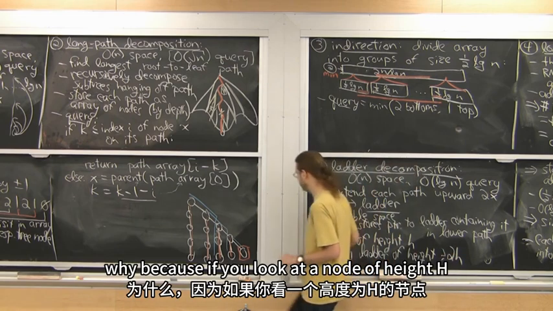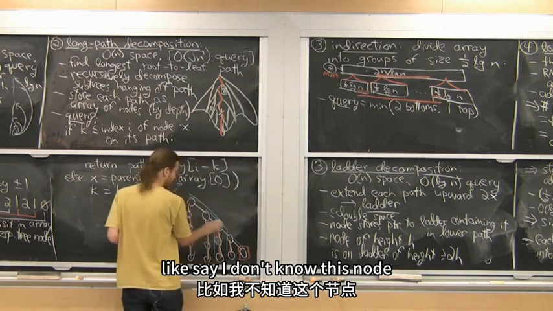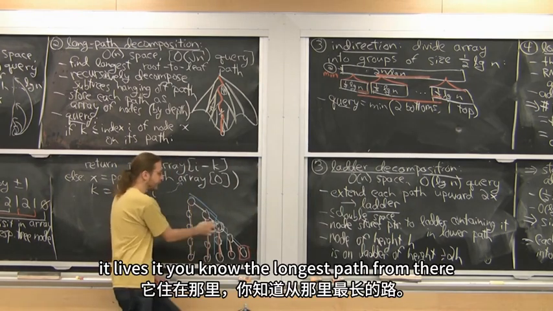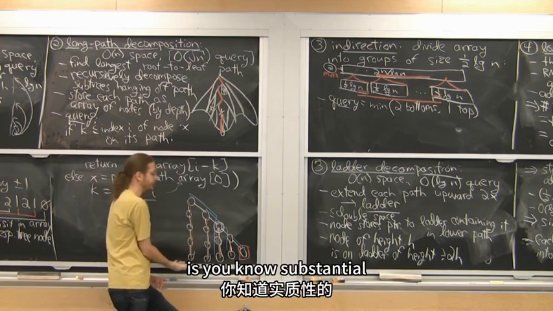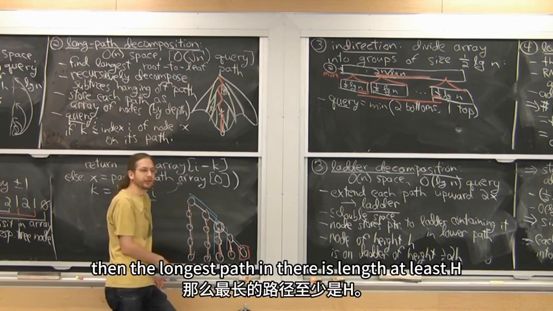Why? Because if you look at a node of height h, like say, this node, the longest path from there is substantial. I mean, if it's height h, then the longest path from there is length at least h.